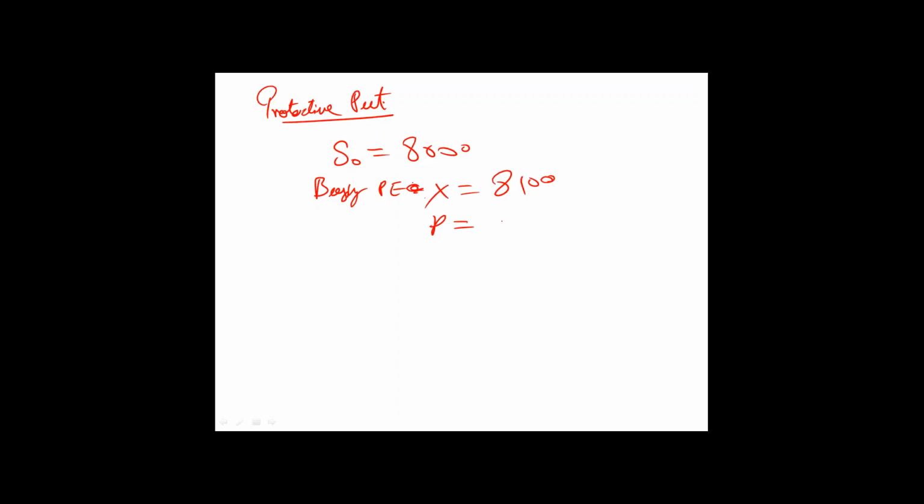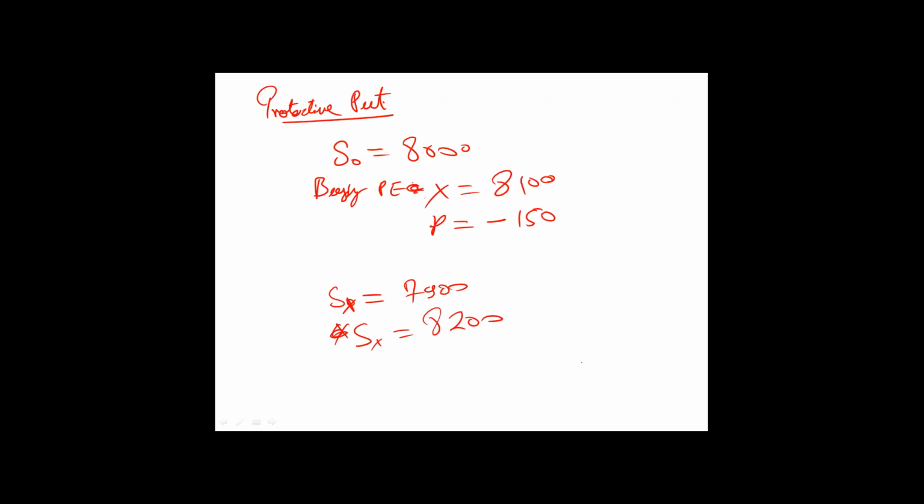I'm going to pay a premium of, let's say, 150. If the spot price on expiry goes to 7,900, what will be my profit? And if the spot price on expiry goes to 8,200, what will be my profit or loss?